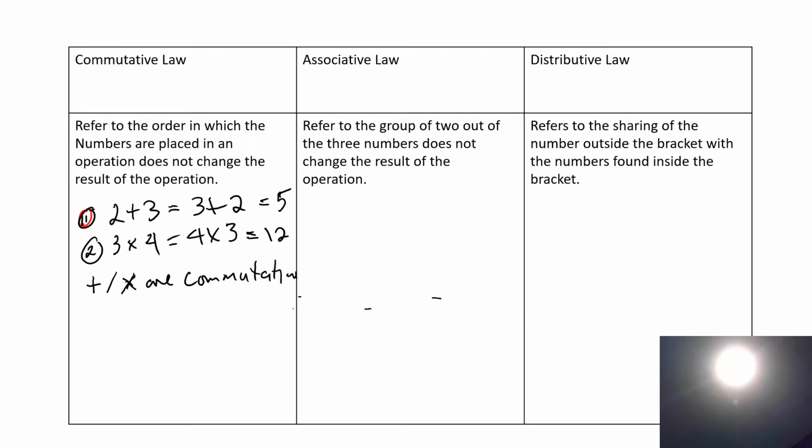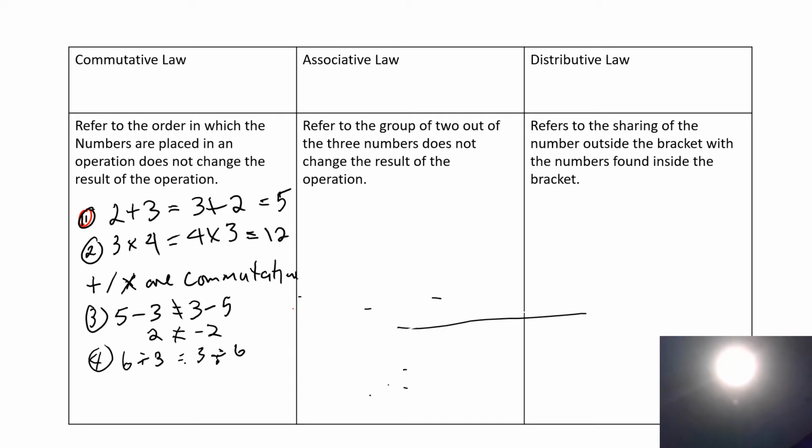Whilst if we look at, for example, 5 minus 3 and 3 minus 5, these are not equal, because for this one we get 2, while for the other we get negative 2. Similarly, if we look at division, 6 divided by 3 and 3 divided by 6, we do not get the same value as our answer, because we get 2 for one, and for the other one we get a half.